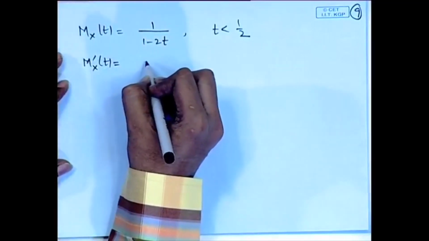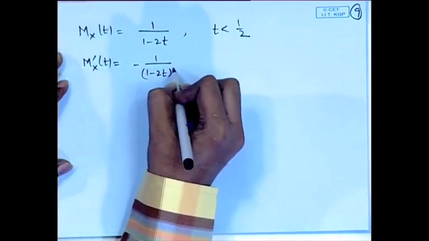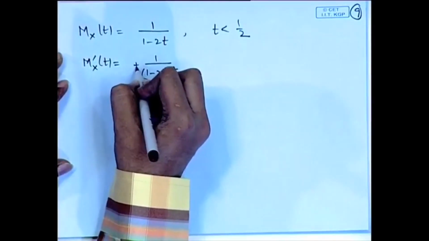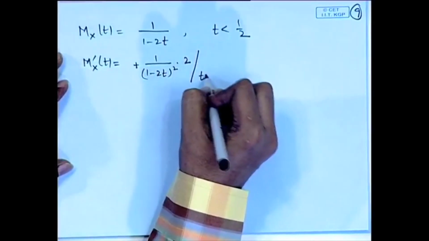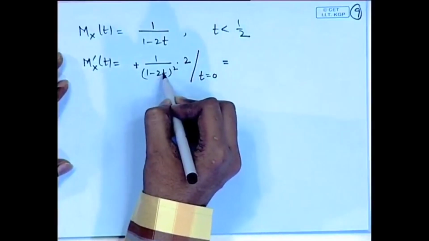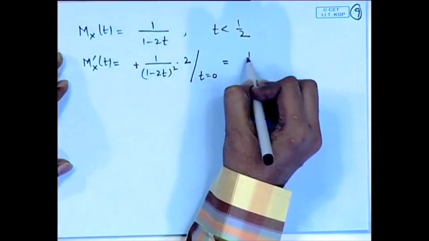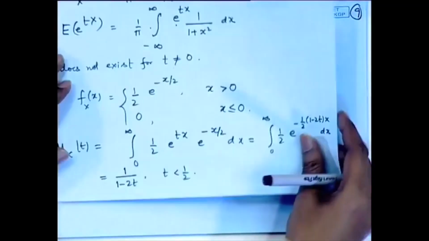So that is equal to minus 1 by (1 minus 2t) whole square, then minus, so it becomes plus, and then you are multiplying by 2. You put t equal to 0 here, that is equal to 1 by 1 times 2. So it is half. Let us check here directly from the distribution.